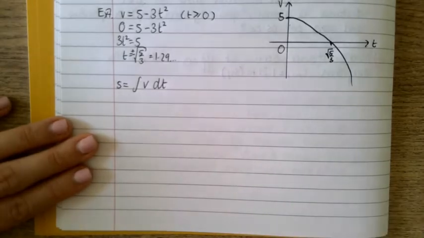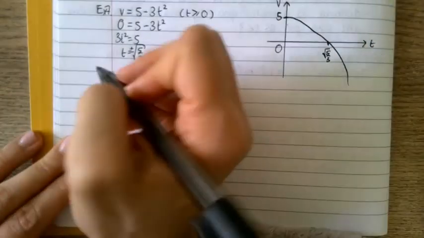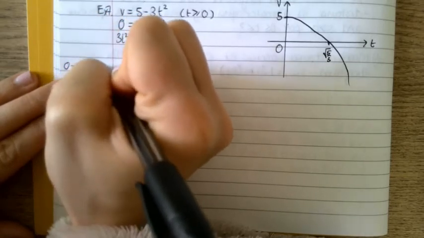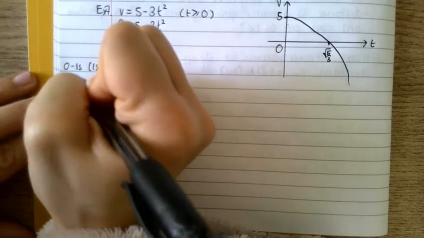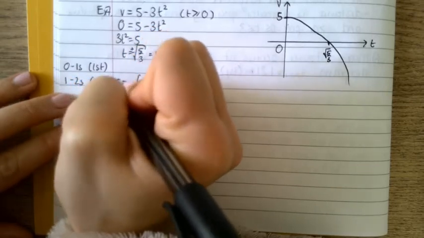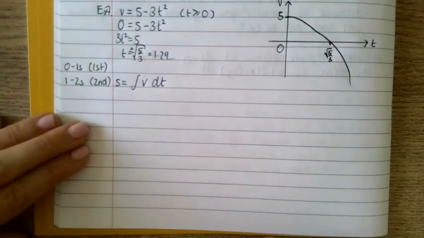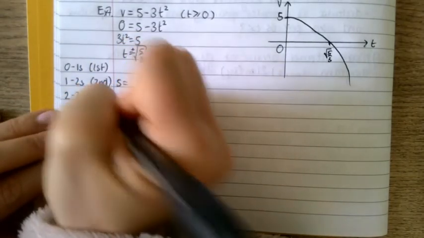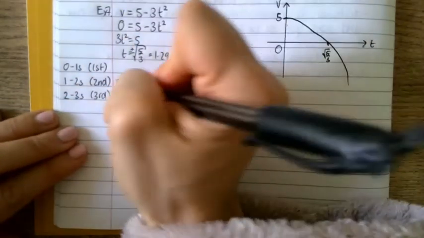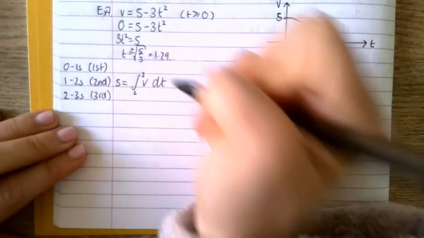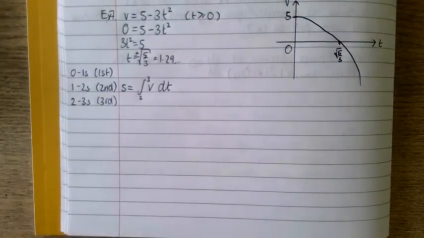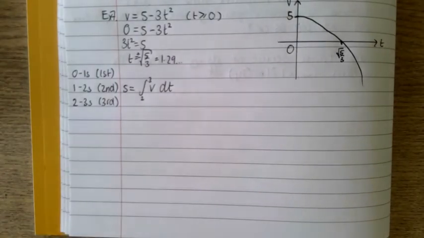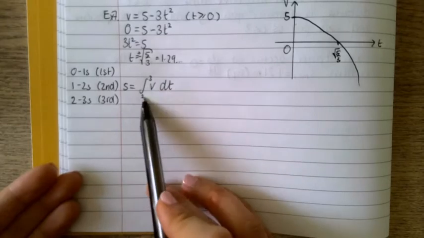So I usually just make a little note somewhere, maybe in the margin, that from 0 to 1 seconds, that's the 1st second of motion. From 1 to 2 seconds, that's the second second of motion. And from 2 to 3 seconds, that's the 3rd second of motion. So the 3rd second of motion is between the limits 2 and 3 seconds. A common mistake is to put between 3 and 4 seconds as your 3rd second of motion. So we're going to integrate the velocity between 2 and 3.